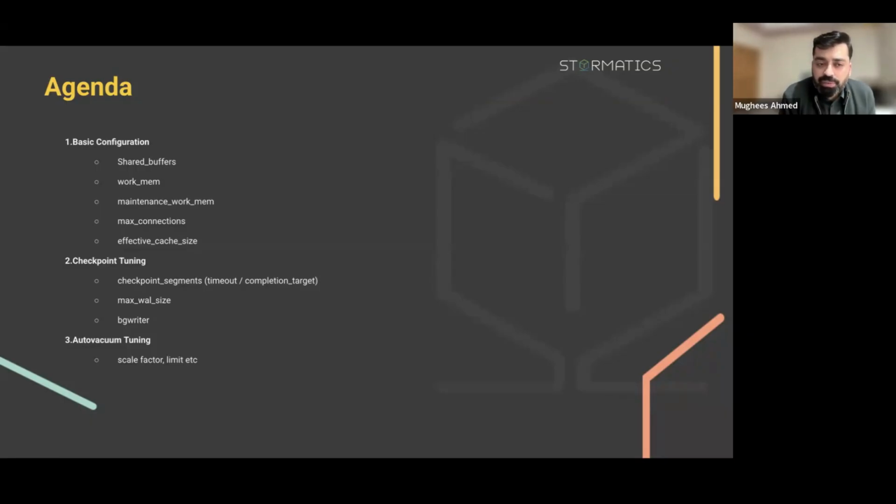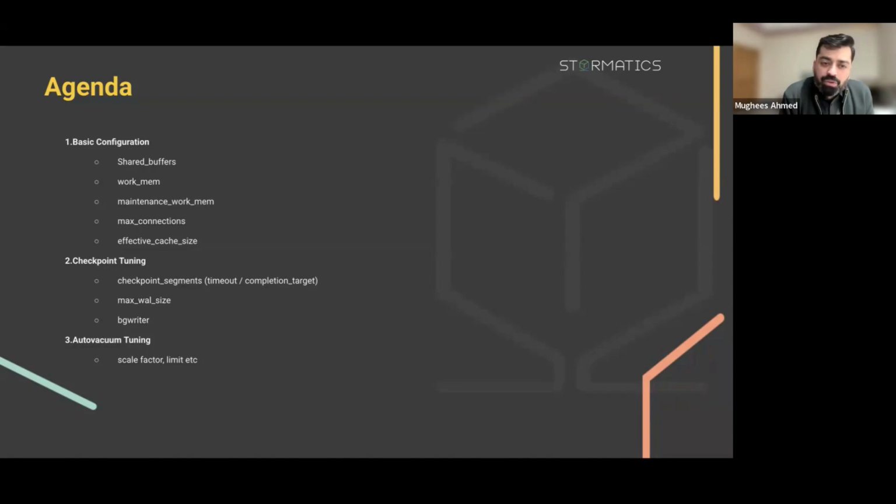The most prominent is always shared_buffers, which is the memory for the database. Then we have work_mem, which is the memory for sessions and the processing a session does inside operations, like queries and sort operations. Then we have maintenance_work_mem for the maintenance of database objects, and then max_connections, effective_cache_size, and one of the most key operations in Postgres performance, which is checkpointing.